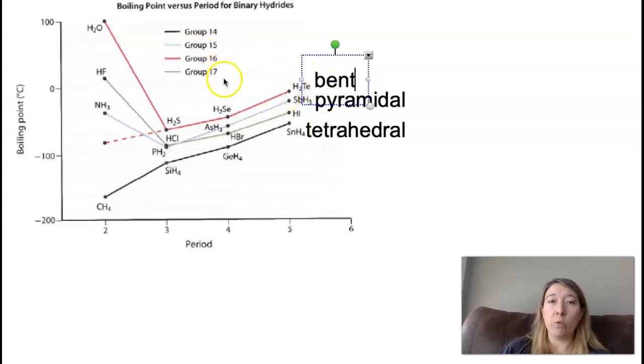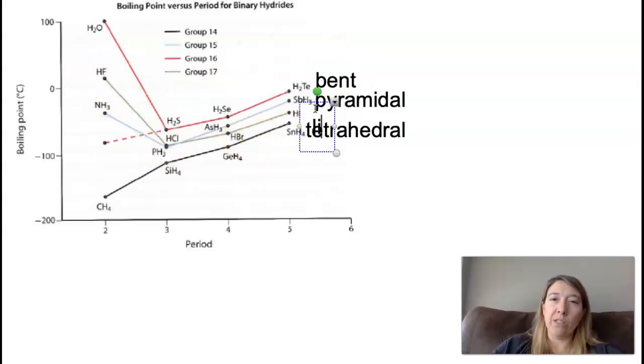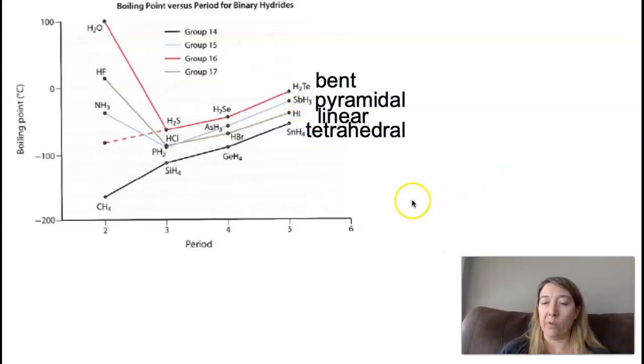And then finally we have group 17, so HF, HCl, HBr, HI. These all technically, we consider them to be linear, even though they're not really the regular linear that we talk about, because normally we talk about linear with respect to 3 atoms. But these are going to be linear with respect to they're just 2 that are going to be attached in a straight line.